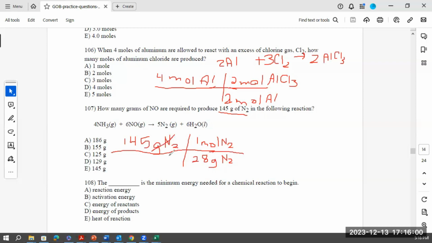But we want grams of nitrogen monoxide. So we have to look at the ratio. What is the ratio between nitrogen monoxide and nitrogen gas? Okay, so we're going to go 6 moles of nitrogen monoxide. And again, we get that from our chemical equation, for every 5 moles of nitrogen gas.